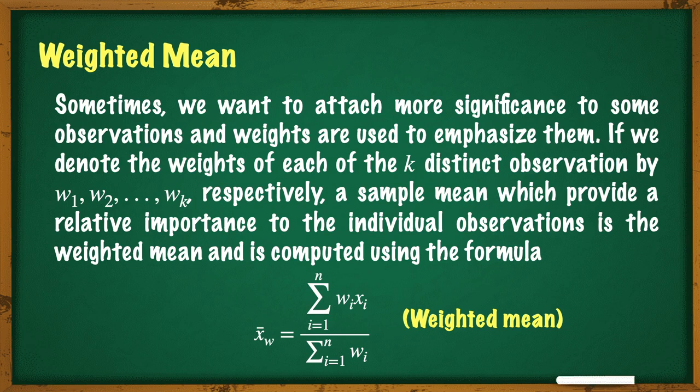It is computed using the formula X bar W, which can be expressed as the sum of the product of the weights and the x values or the observations divided by the sum of their weights, or the sum of the W sub i, where i ranges from 1 to n.